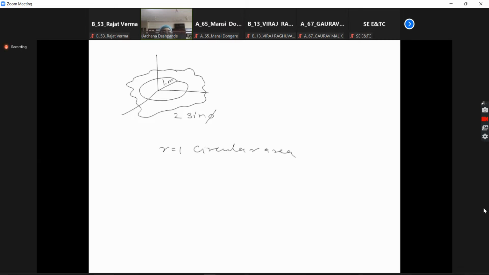So how much flux will be emitted by this circular area? As per Gauss law, the charge which is enclosed by this circular area is nothing but flux. So if you calculate the charge enclosed by this circular disk, that is nothing but flux. You know how to calculate charge when rho s is given: charge is equal to integration rho s ds.